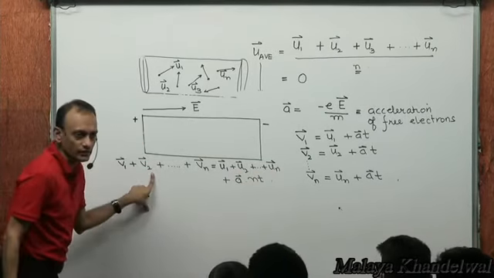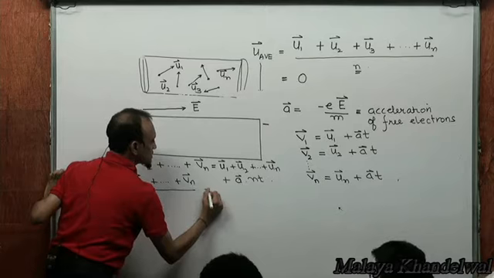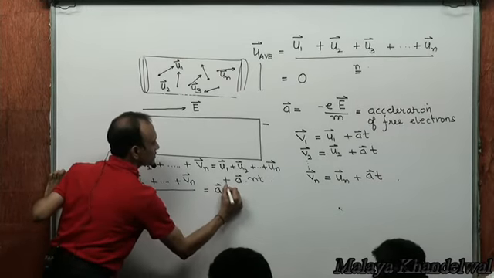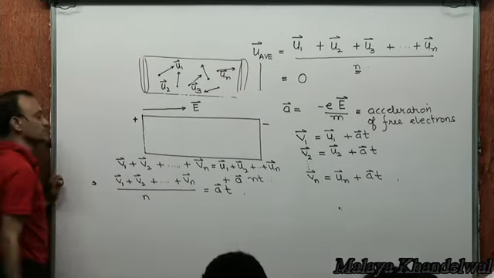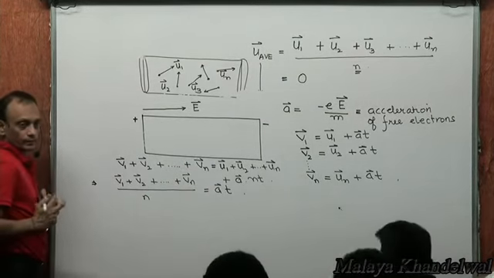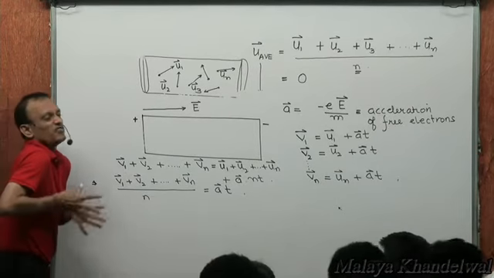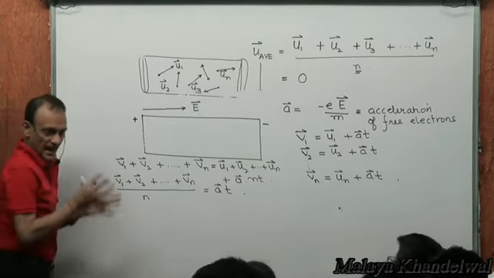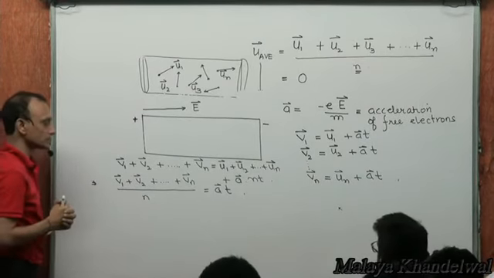Then I end up getting (v1 plus v2 plus vn) by n equals at. T is the average relaxation time.